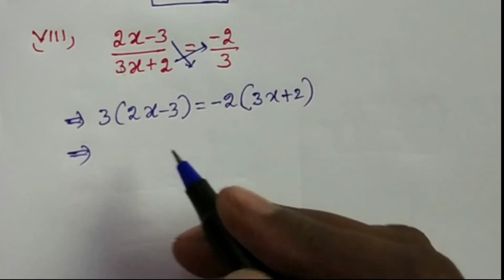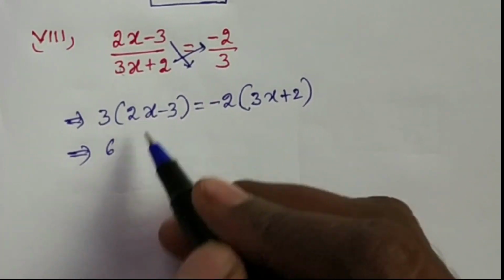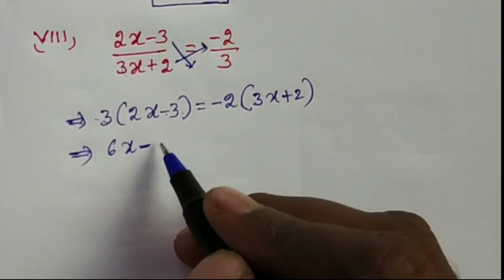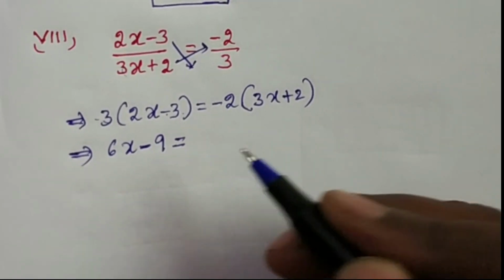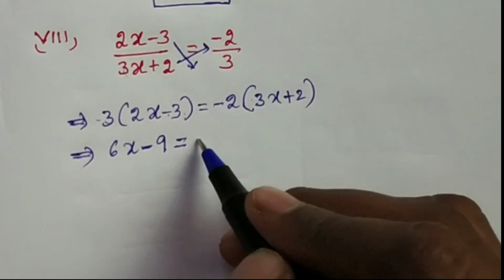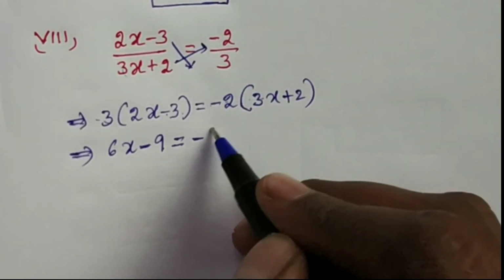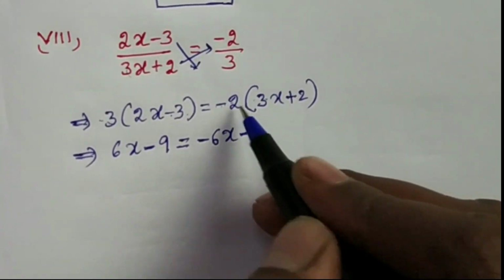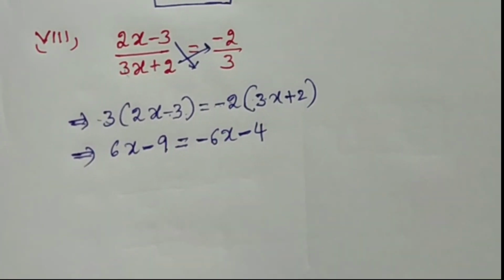Simplify it. 3 2s are 6 into x, 6x, plus into minus, minus 3 3s are 9, is equal to minus into plus, minus 2 3s are 6x, minus into plus, minus 2 2s are 4.